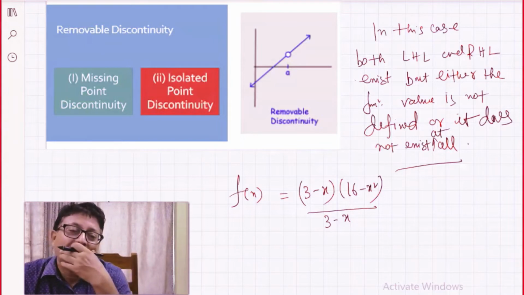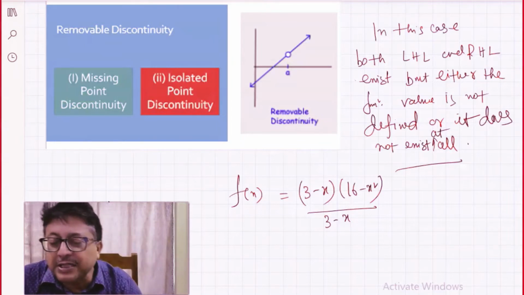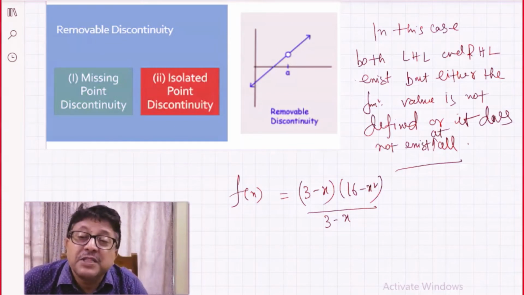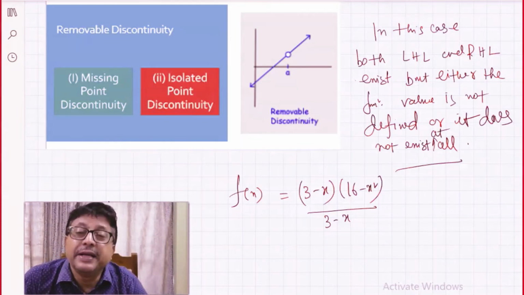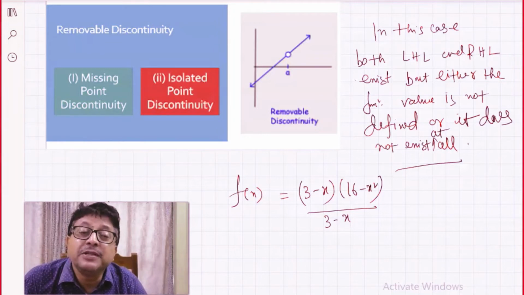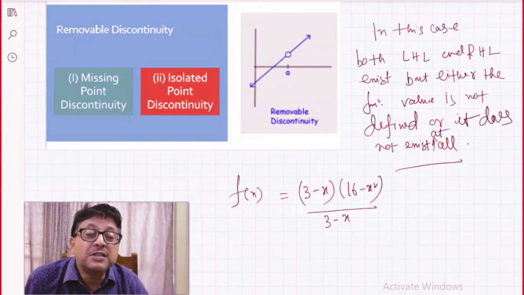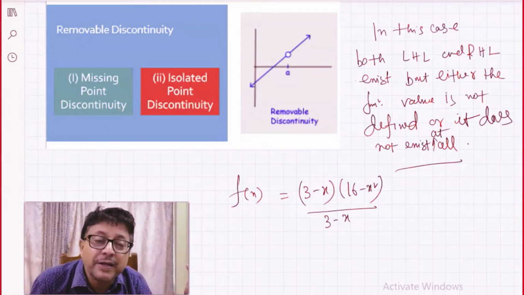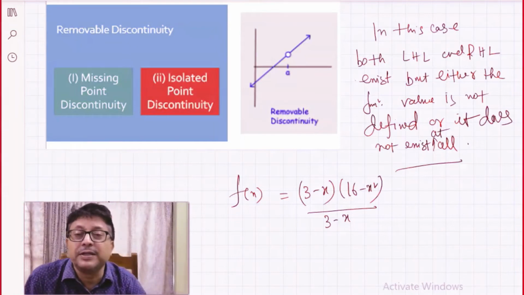Okay, just function given this way. Can you see this function is missing point discontinuity? Yes, this has missing point discontinuity because the function value is not stated. What is the functional value? Functional value not given over there.